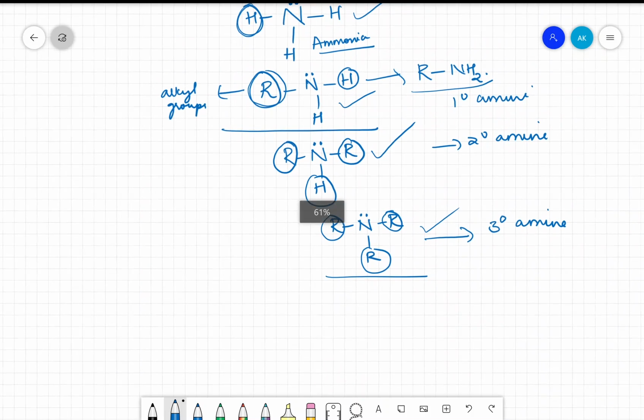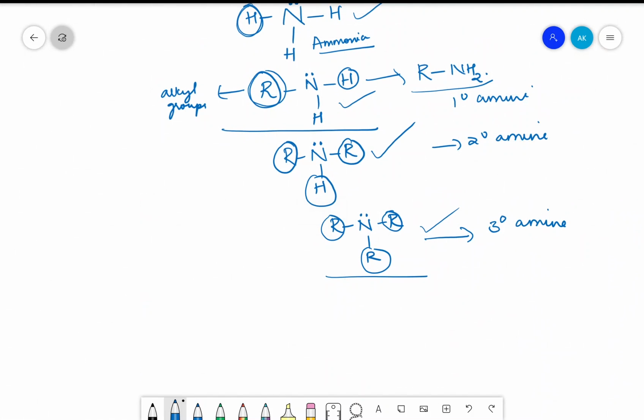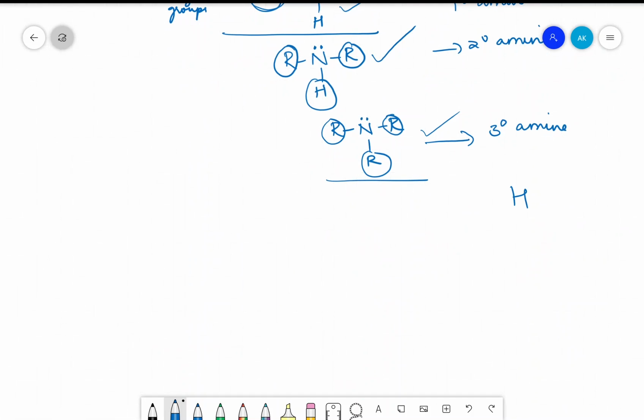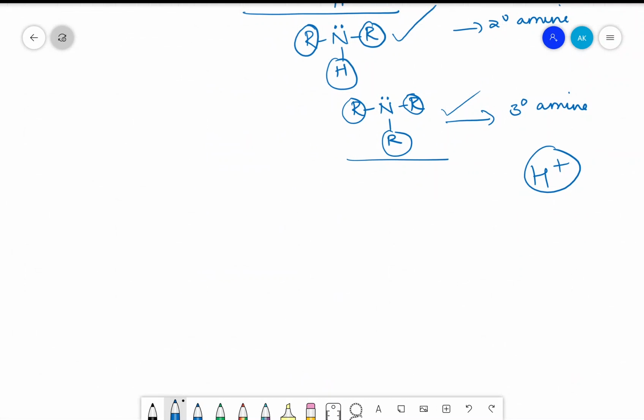We have discussed previously the acidity of carboxylic acid. In a similar way, we are going to discuss the basicity of amines. As we said in the acid topic, an acid is a good acid if it is trying to donate a proton. Proton is H plus. Contrary to it, a base is a good base if it has a good tendency to accept protons.